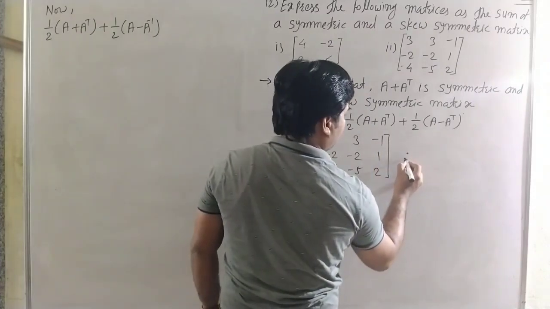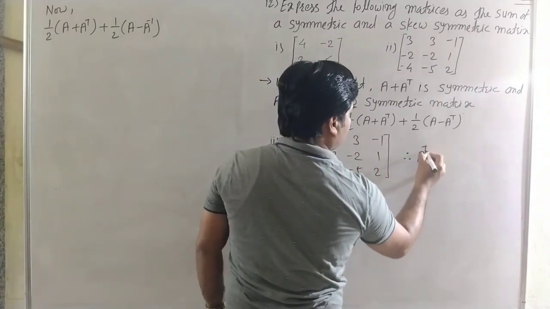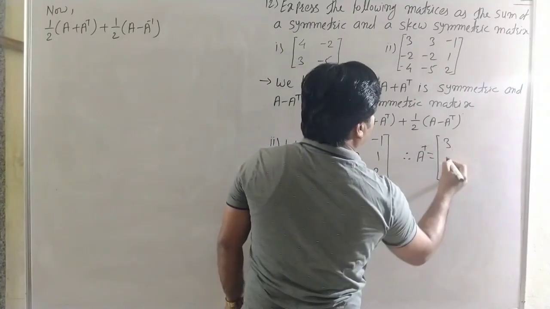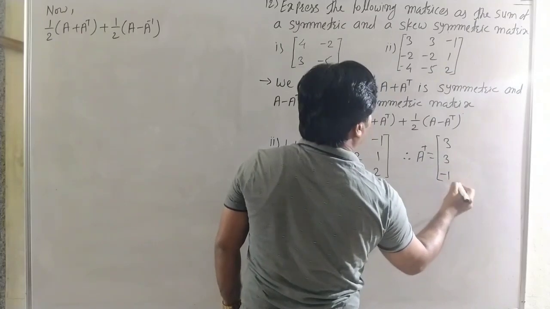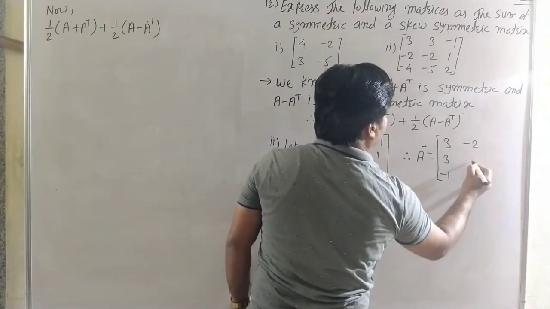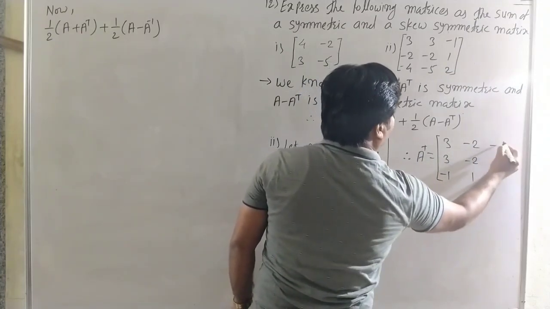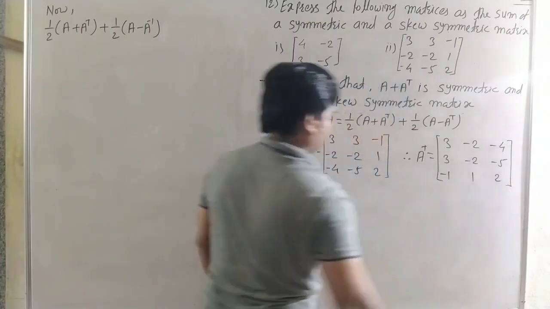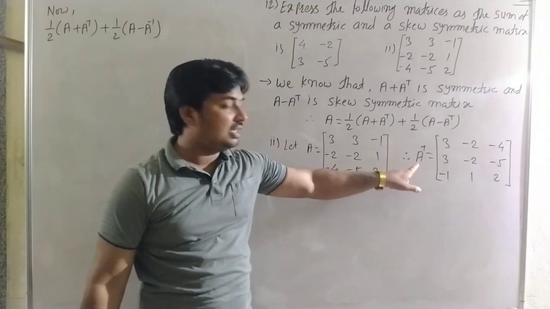Therefore, A transpose is [3, -2, -4; 3, -2, -5; -1, 1, 2]. Okay, here it is A and it is A transpose.